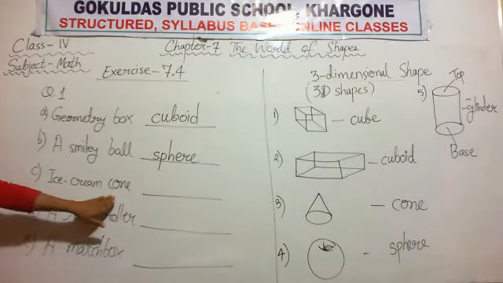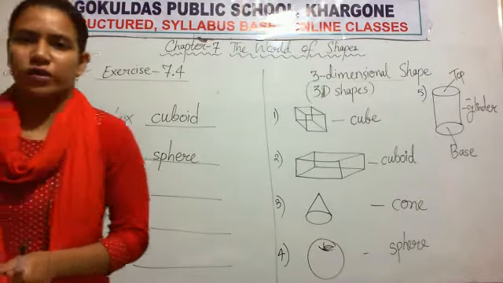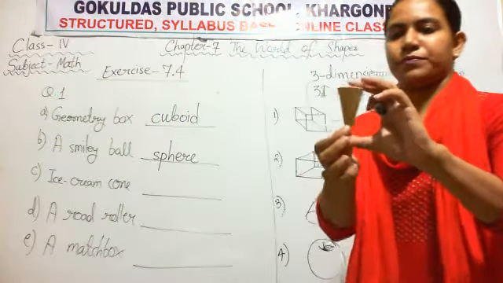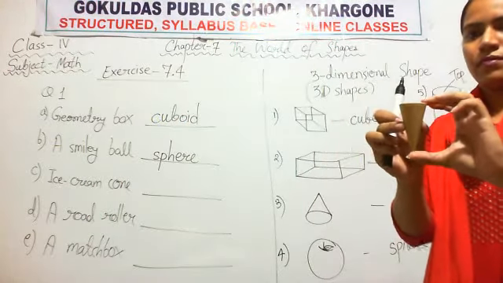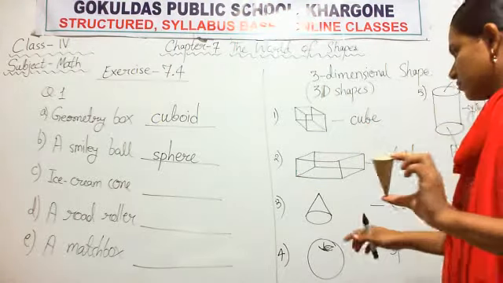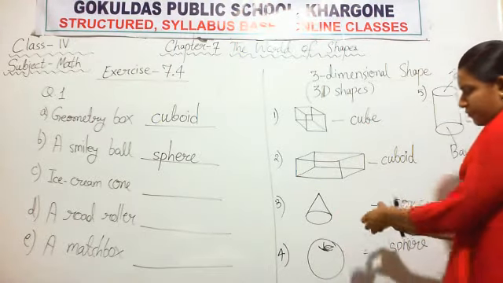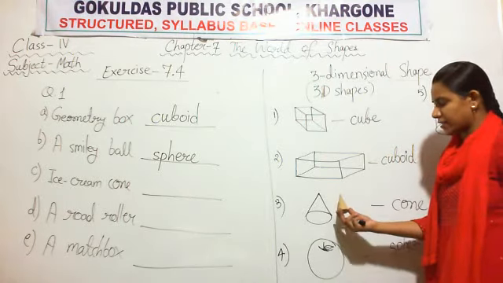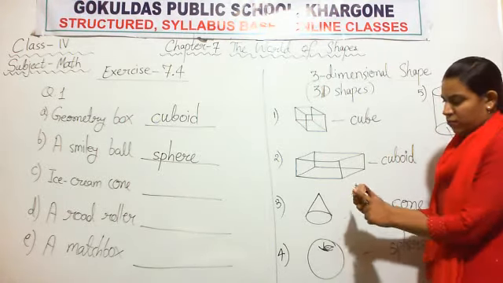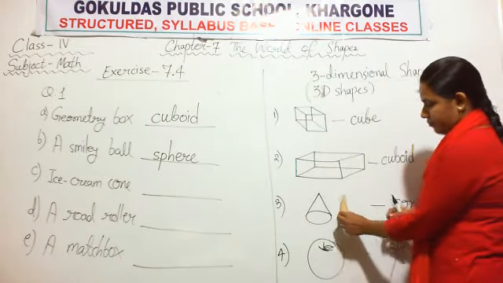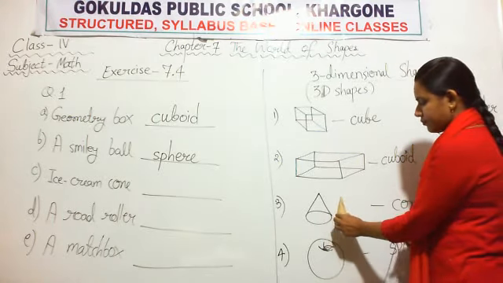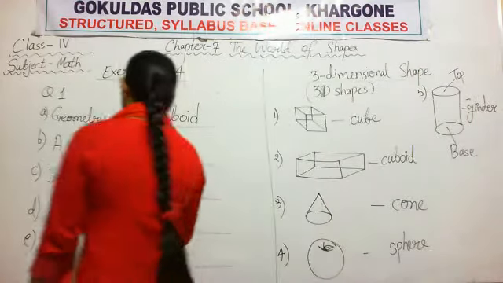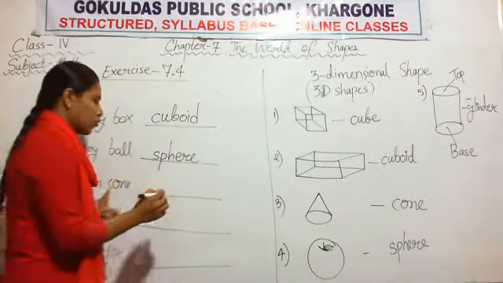Next, ice cream cone. Your ice cream cone is of which shape? Ice cream cone matches with this shape. The shape is like an ice cream cone. Bottom is circular, right? So the name of the shape is cone.